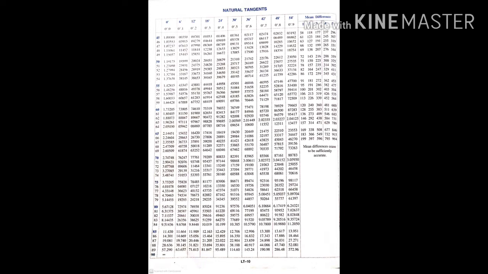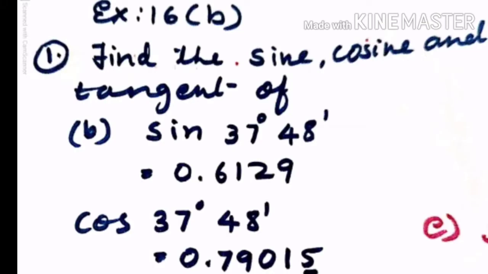And one more thing students, all the values from the natural sine, cosine and tangent tables are approximate values, they are not perfect values. As we know, in our trigonometry using natural tangent, there can be very small differences in the values, and it is understood that they are approximate values, so there is no problem if you get very near to the correct answers. Now exercise 16b we start today.